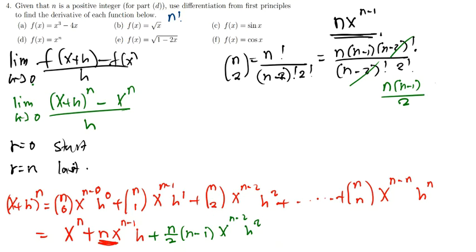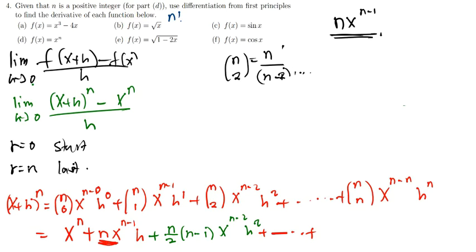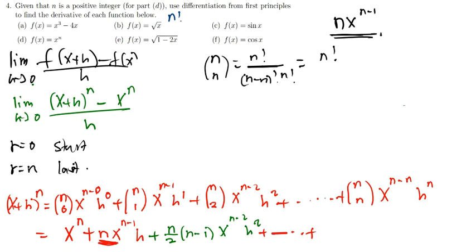So I'll say plus, what is n choose n? n choose n is n factorial divided by n minus n factorial times n factorial. So it will be n factorial, n minus n is 0, so I'll end up with just n factorial. Everything will cancel out, I'll have 1.